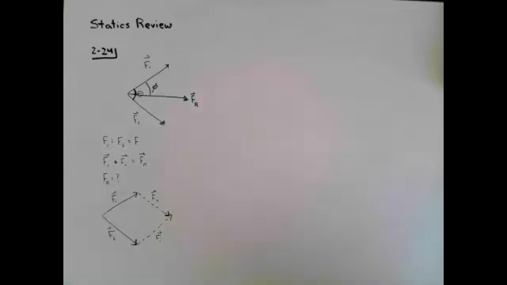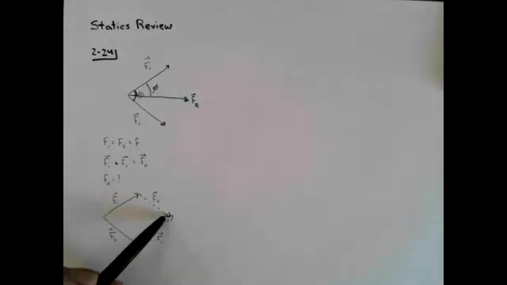And parallelograms help us because if you remember your geometry, a parallelogram is a polygon that has two sets of parallel sides. So these two sides, F2, F2, are not only parallel, but they have the same magnitude. Same thing with F1 and F1.